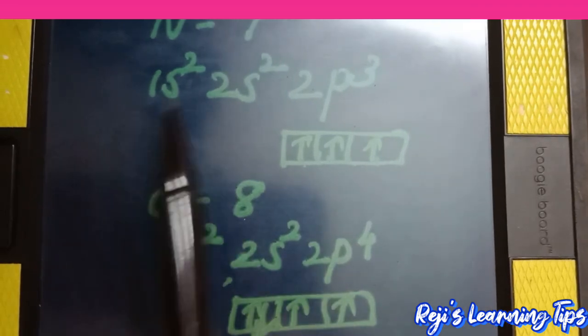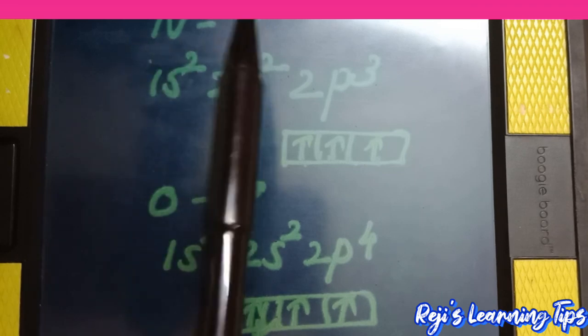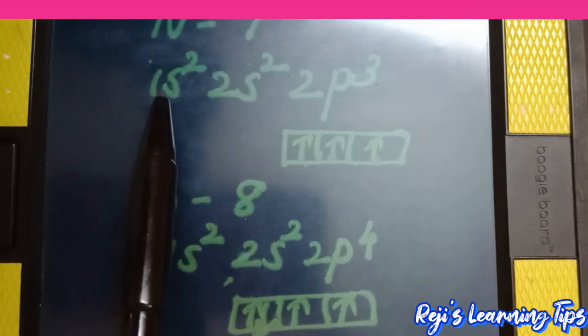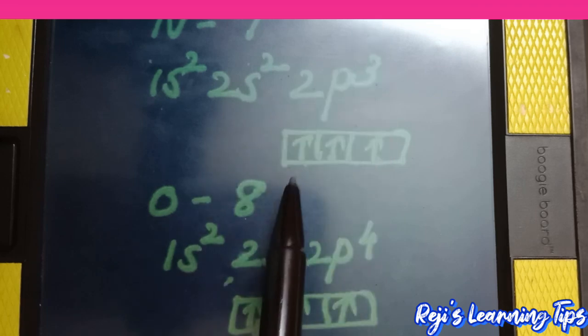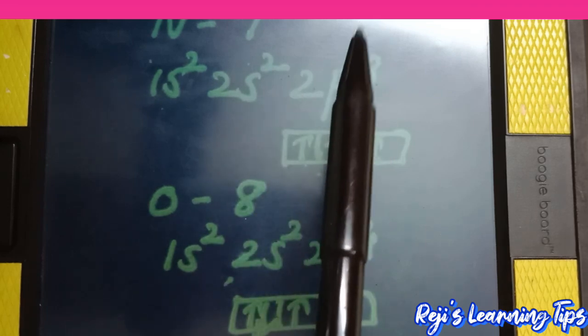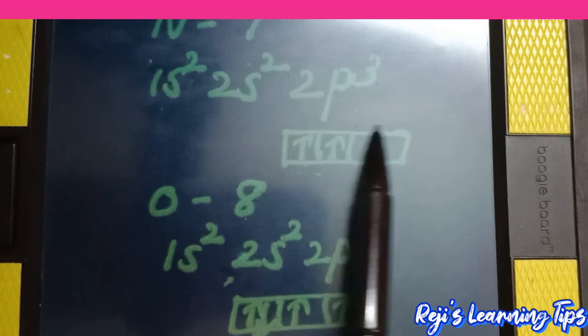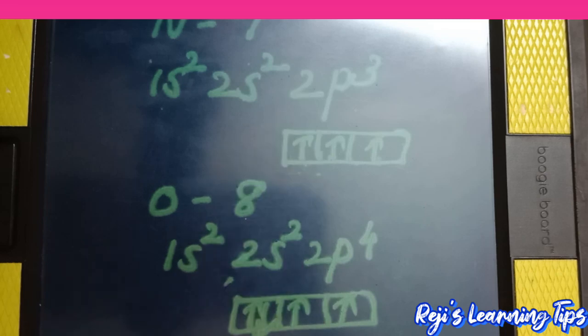Understood? You have to write in your own words. In the case of nitrogen, its atomic number is 7. Its electronic configuration is 1s2, 2s2, 2p3. The three 2p electrons reside in different atomic orbitals according to Hund's rule of maximum multiplicity. But in the case of oxygen, its atomic number is 8 and electronic configuration is 1s2, 2s2, 2p4.